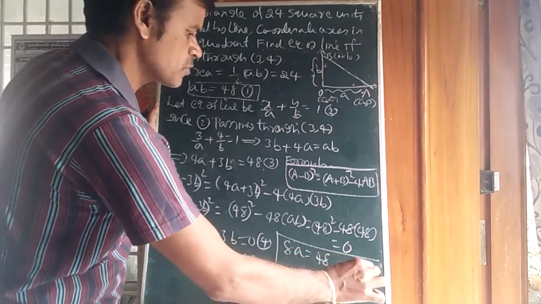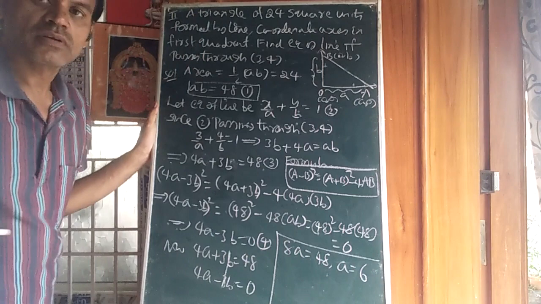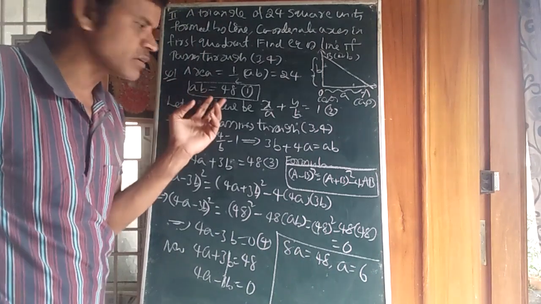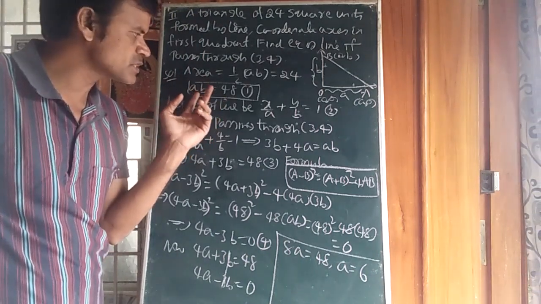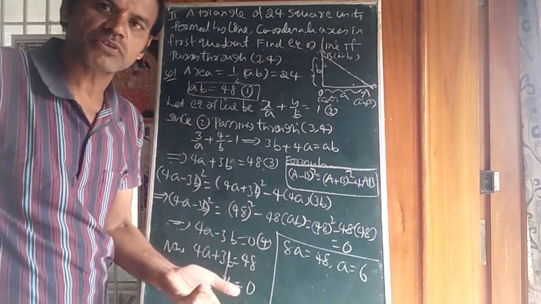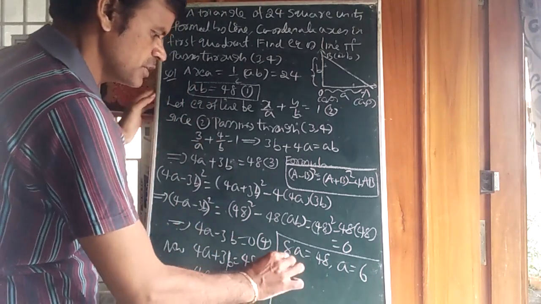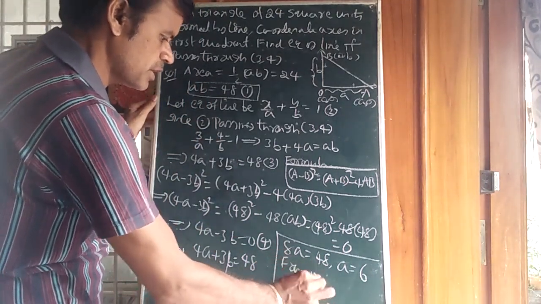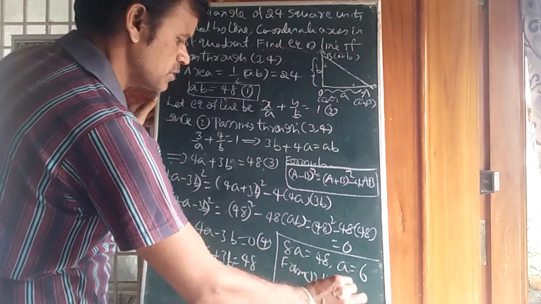So a is equal to 6. From equation 1, a is equal to 6, 6 into how much equals 48? So b is equal to 8.